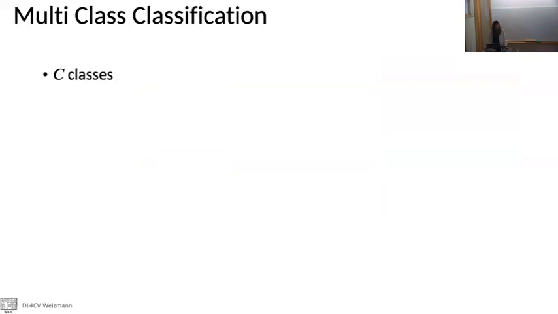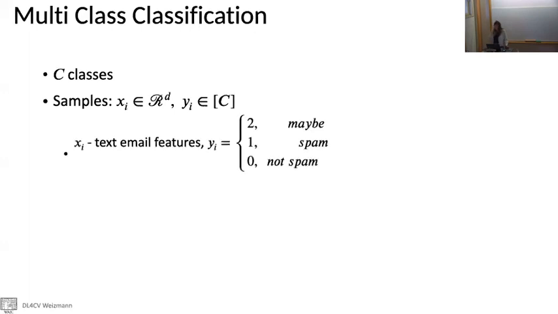So let's make it again more formal. We have C classes, and our data point is again a vector in R^d, but now instead of having only 0 and 1 options for the label, we have it between 0 and C. So the index tells us which class this data point belongs to. Here we have, for example, the email spam example, so it can be 0, 1, or 2, where 2 stands for the maybe class.